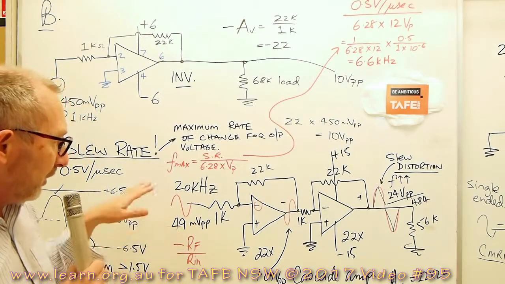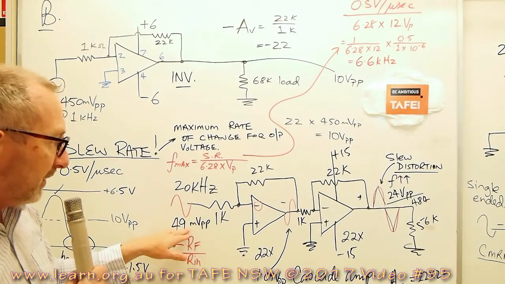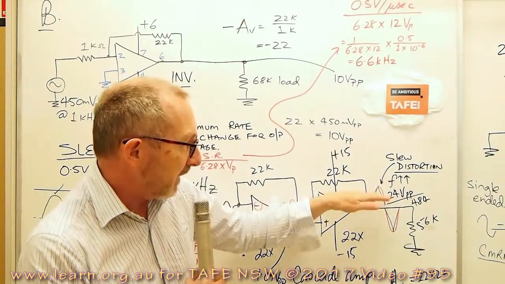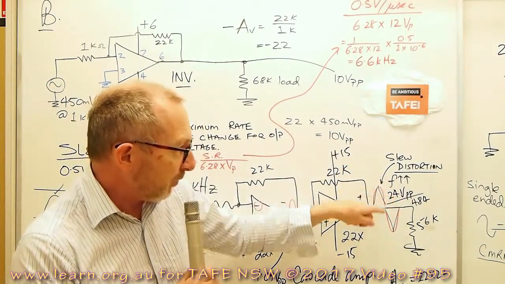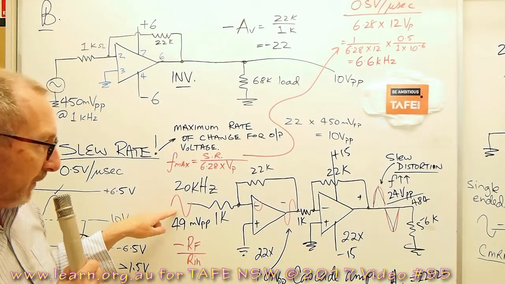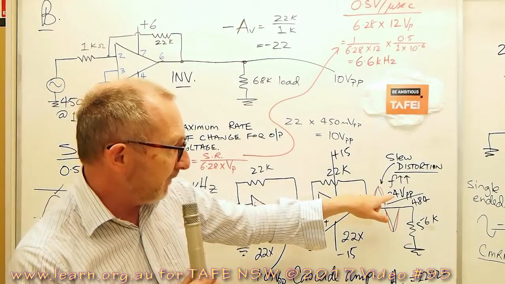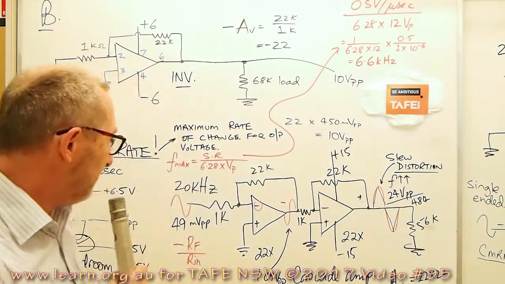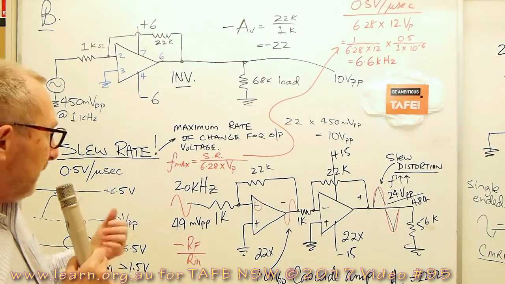The overall signal that I can put into this before I start to get some distortion at the output, and keep it within that 24 volt frame, is 49 millivolts peak to peak. And that's pretty easy to work out, just 24 volts peak to peak divided by 484, the overall gain of the amplifier. But clipping is one thing.